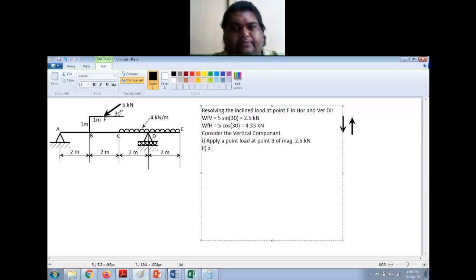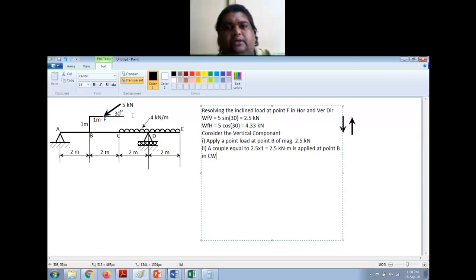So a couple equal to, how much is the force? 2.5 into 1 is equal to 2.5 kilonewton meter is applied at point B in clockwise direction. So this is downwards and it is making a clockwise couple, right? That's why I've taken this as clockwise.